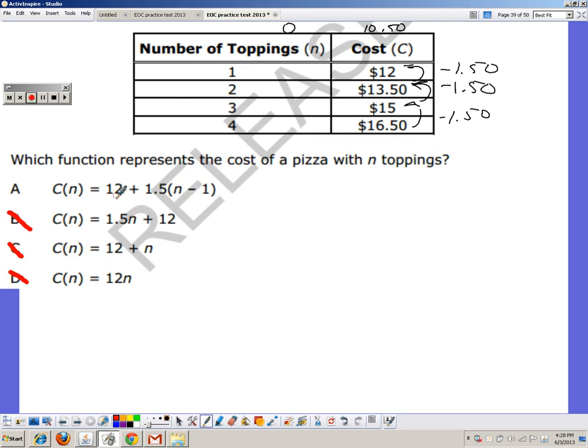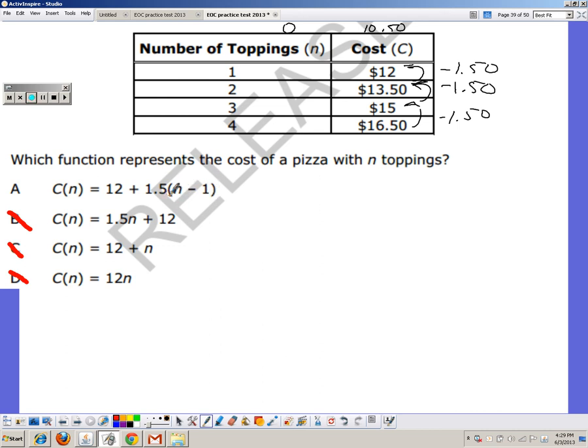We have $12 plus $1.50 times the number of toppings minus 1. So the number of toppings minus 1 times $1.50 will give us the price per pizza. So we look at this, 12 plus 1.5 and n in the first pizza that they give us is 1.